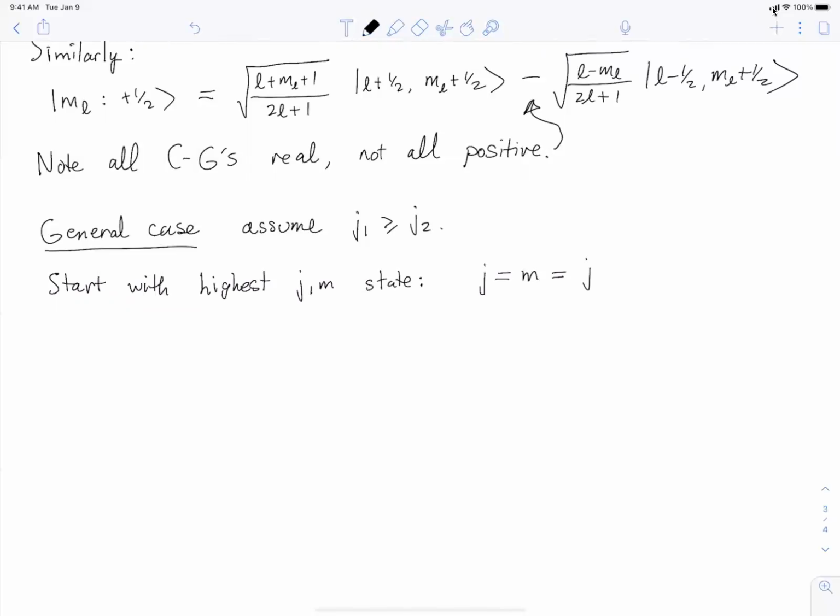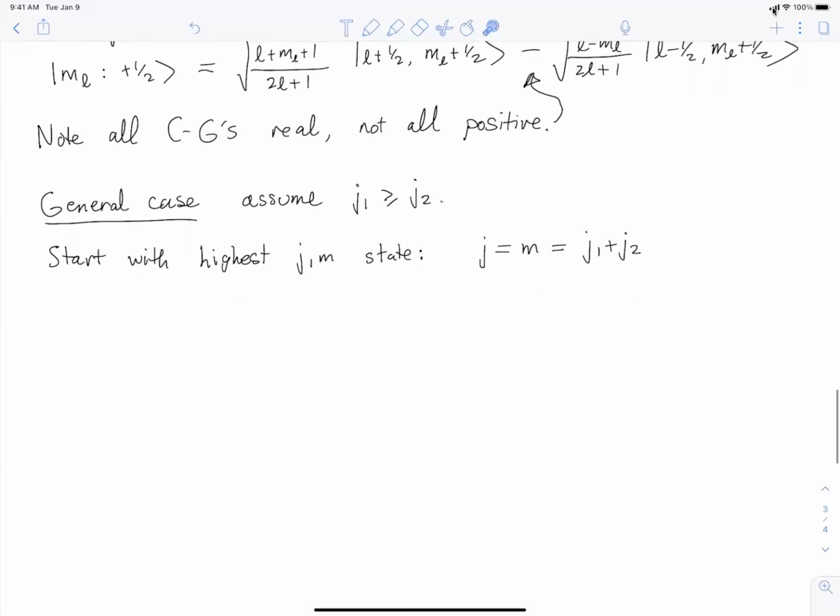Namely, they are J1 plus J2. So if your two spins are lined up along the z direction, both of them as lined up as they can be, then that's the number that you'll get for M. And since that's the largest number you can get for M, it's also the largest number you can get for J. Okay, and there's a unique state with that property.